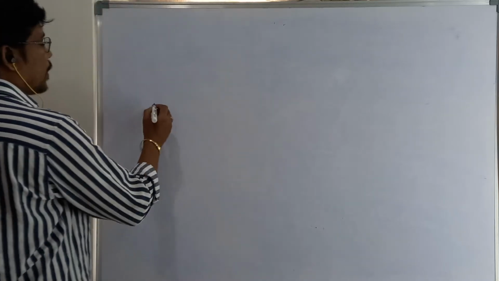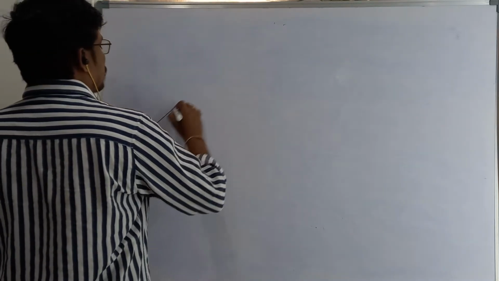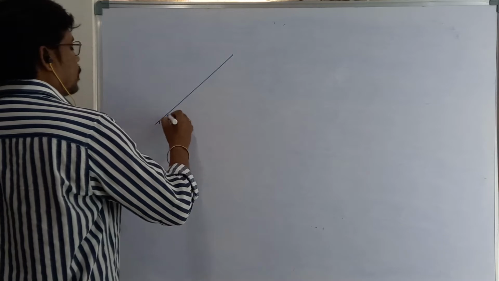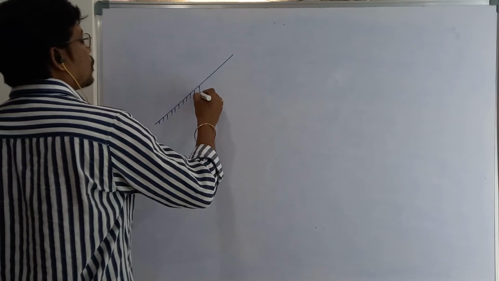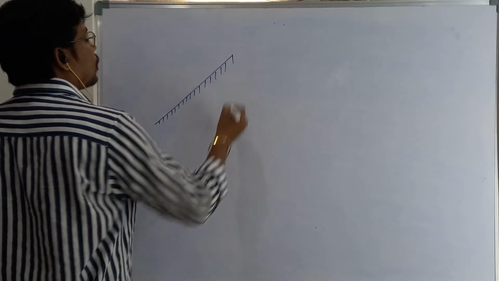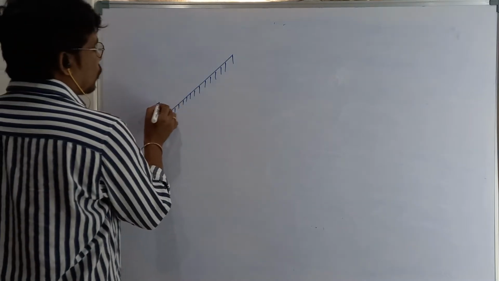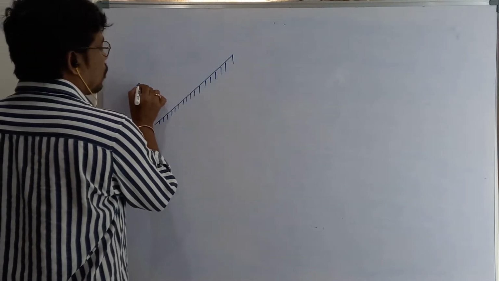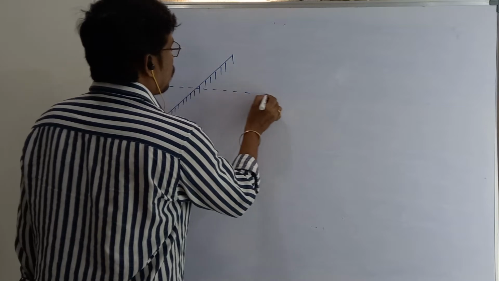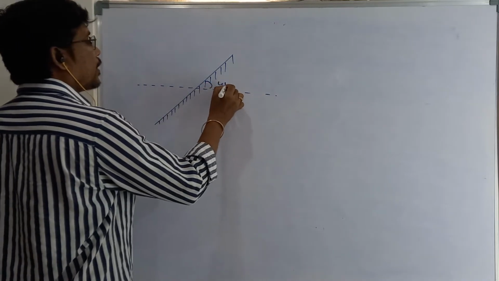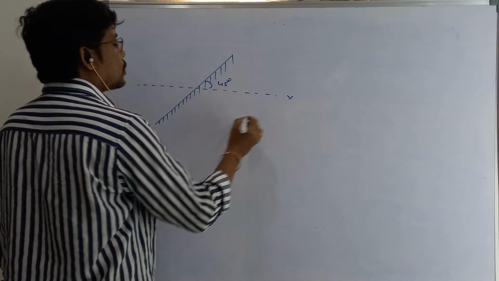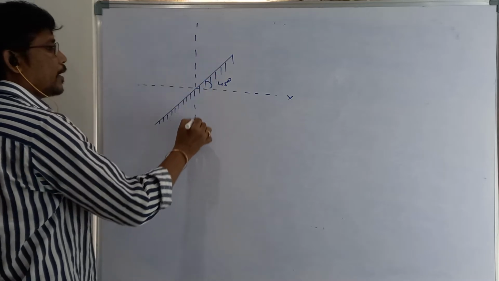If I place the mirror inclined, this is the mirror, and it makes an angle of 45 degrees with the x-axis. Suppose this is the x-axis and this is the y-axis.